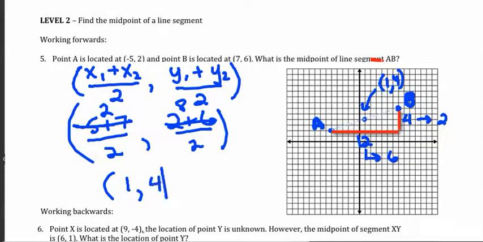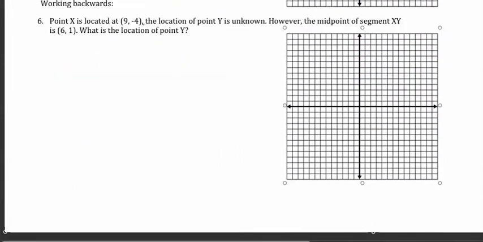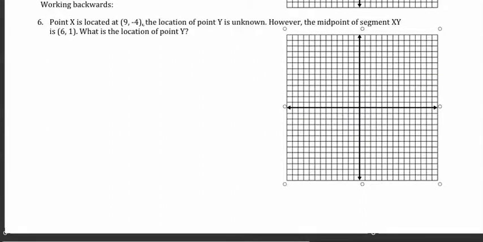So either way, you're going to get the answer of 1, 4. Now the faster way in this case is going to be working with the midpoint formula. When we're working backwards, however, it's a lot easier to go ahead and just use the graph.